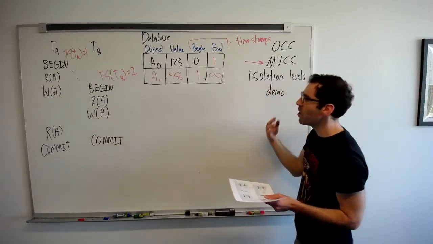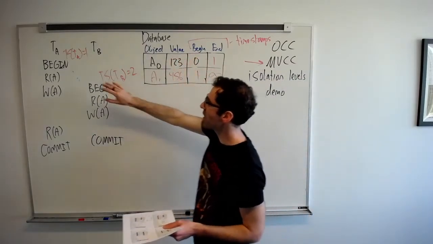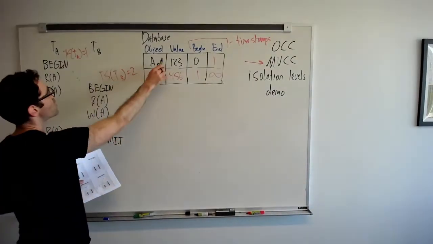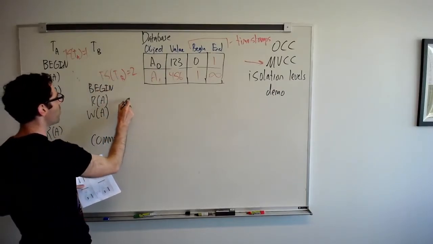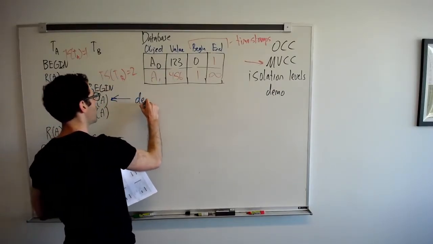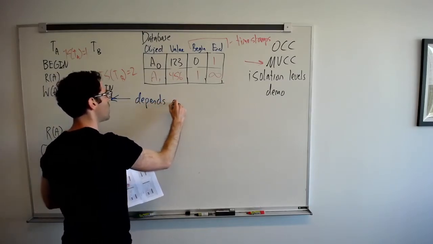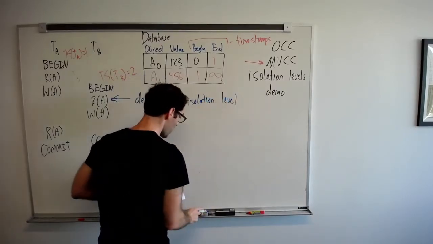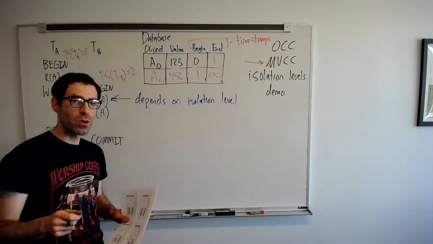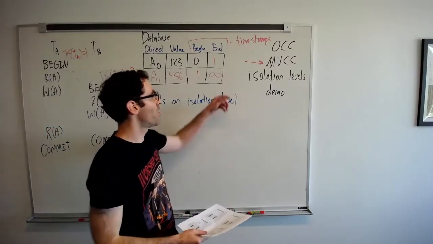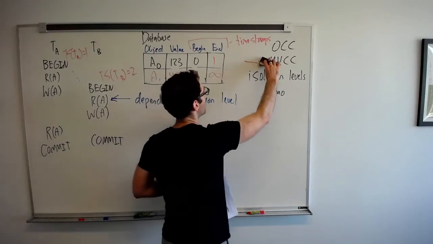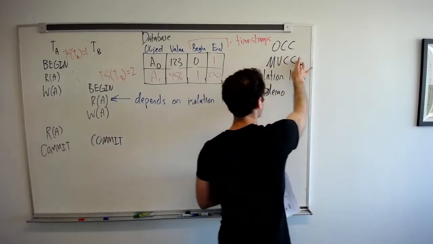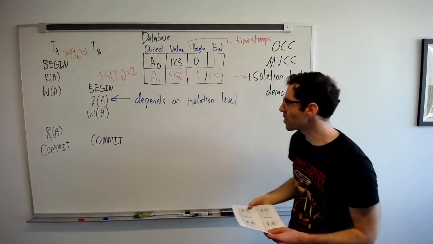And so which of these 2 transaction B will read at this point actually depends on what isolation level our database is providing. And so we're going to jump down and talk about isolation levels here, and then we'll get back to more details about multi-version concurrency control.